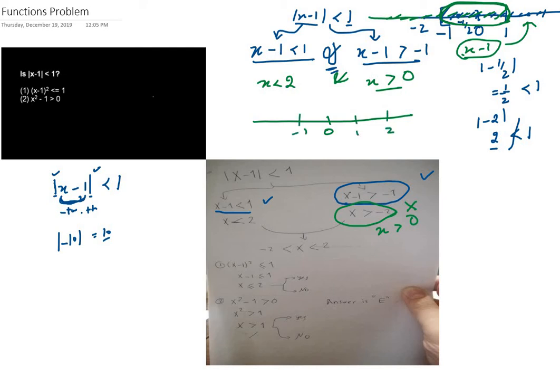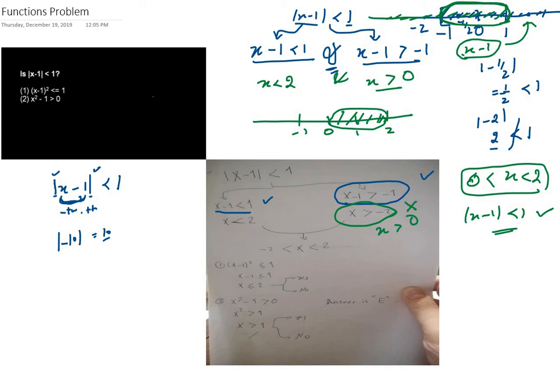So x less than 2 and x greater than 0, so x should lie between 0 and 2: 0 less than x less than 2. Only then the above equation mod x minus 1 less than 1 will be satisfied. This is true only for these values of x.